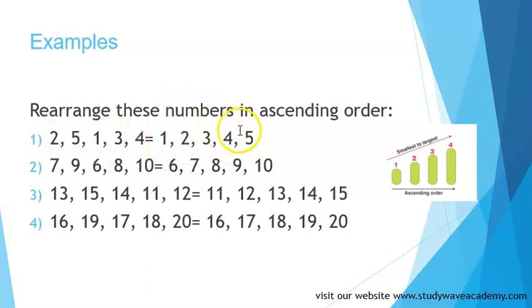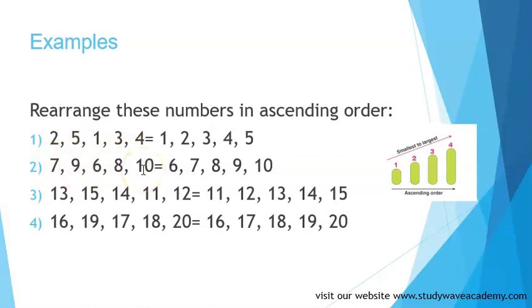So we're going to be looking at another example. We have here 7, 9, 6, 8, 10. Which is the smallest number here? 6. 6 is smaller than 9, 7, 8, and 10. So 6 is the smallest number, 7 is next, 8, 9, 10.